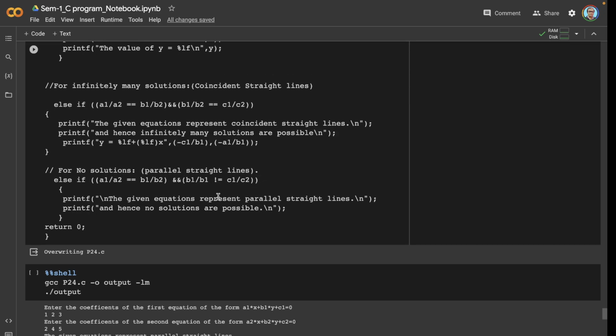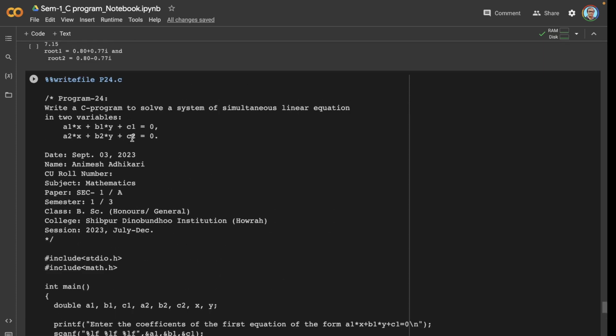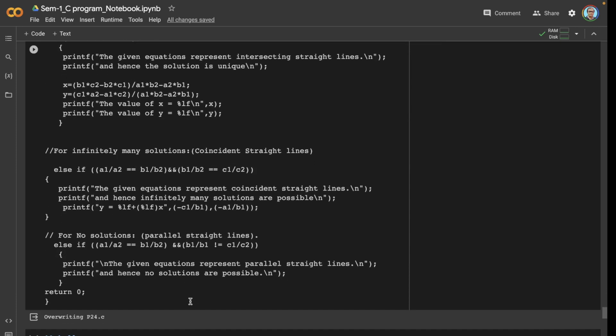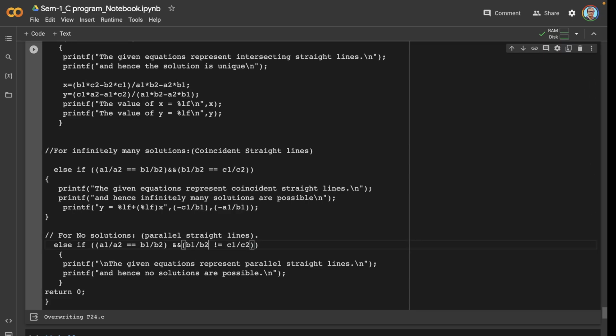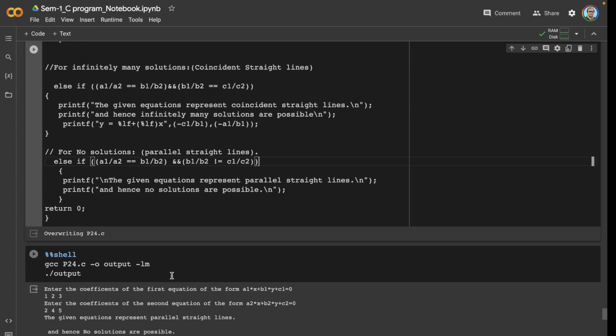Then parallel straight lines. Actually if the constants c1, c2 are 0, then these straight lines pass through the origin. So we get b1 by b2, sorry, b1 by b2 not equal to c1 by c2. Then we get parallel straight lines. So no solution, actually parallel straight lines, no solution here.